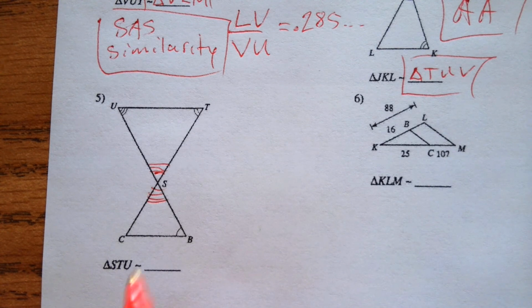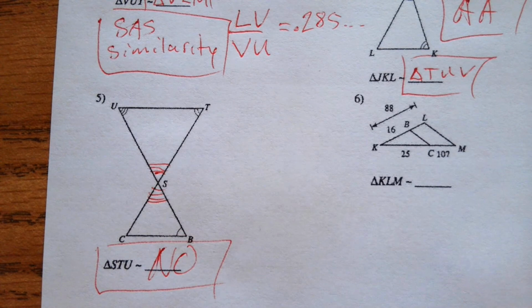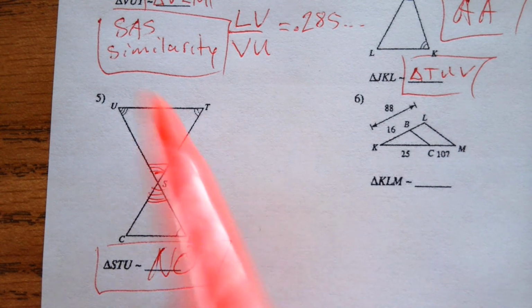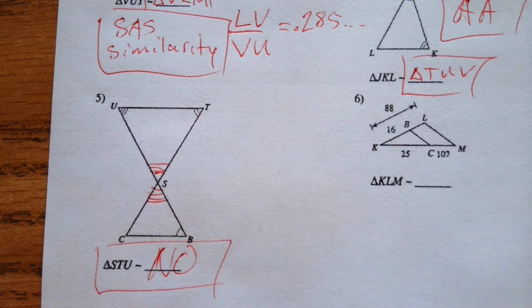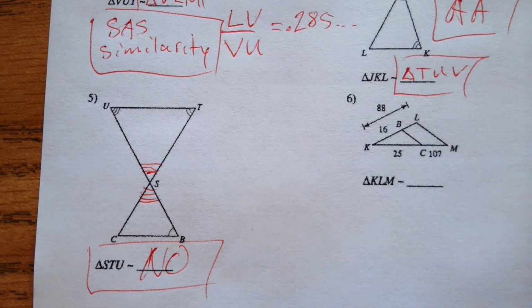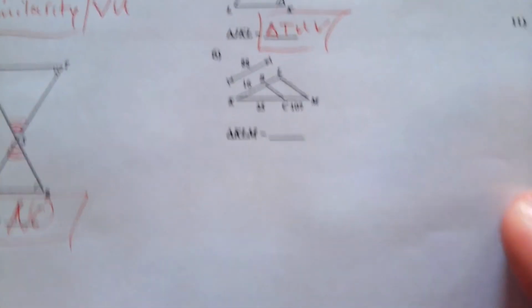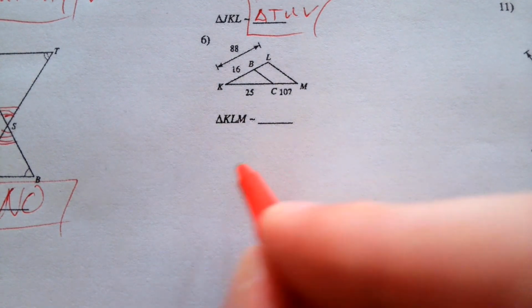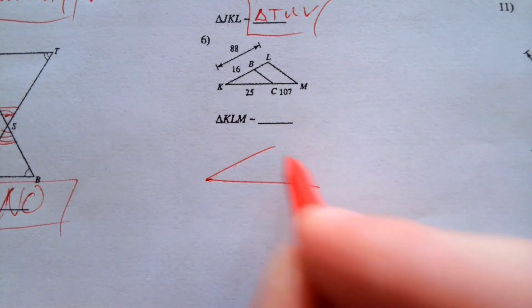So we can't say anything. This one, we don't know if they're similar. We can't tell. There's not enough information. Actually, we know that the angles are not congruent, so we know that they're not similar. So this one's no.